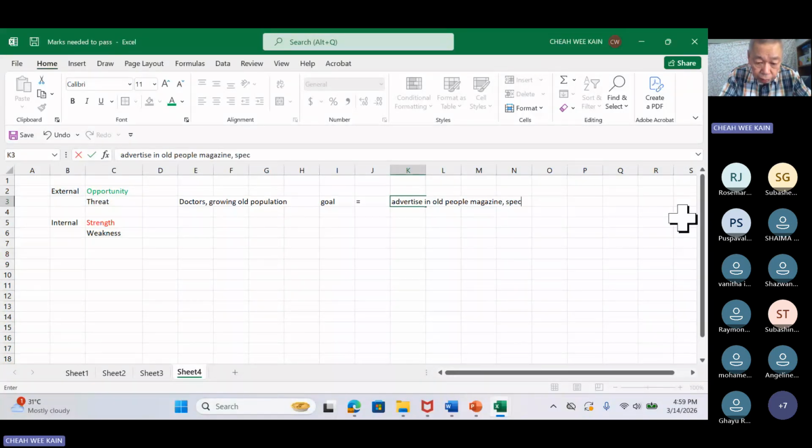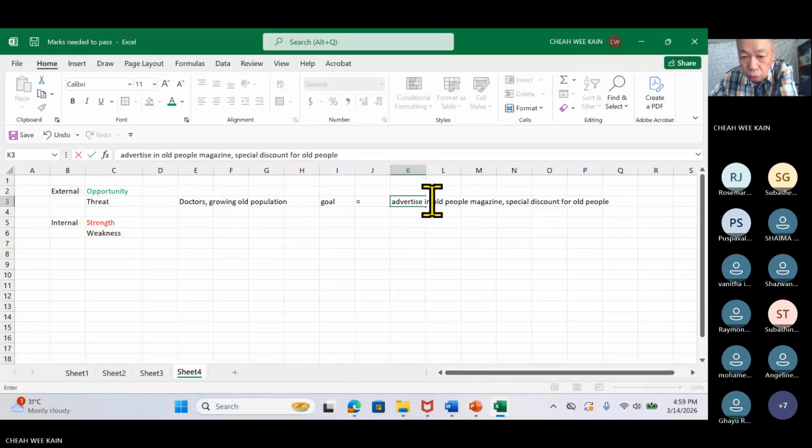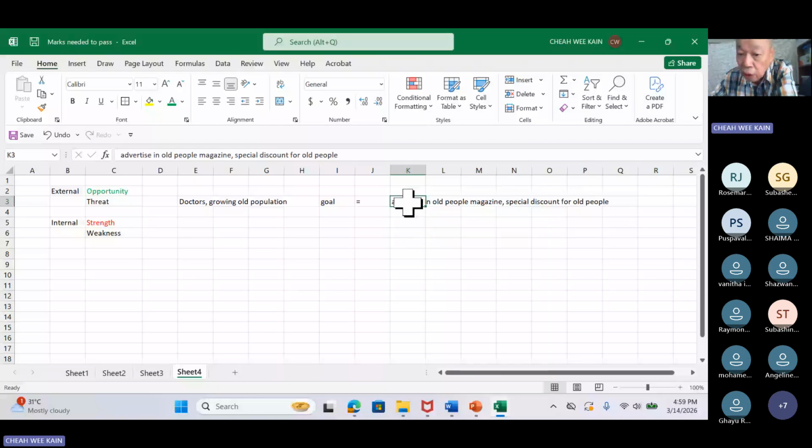Special discount for old people. That will be your goal for this year. Then that is a company goal.